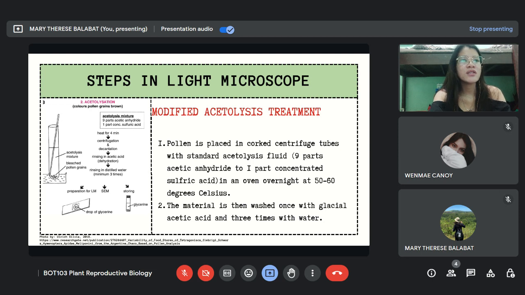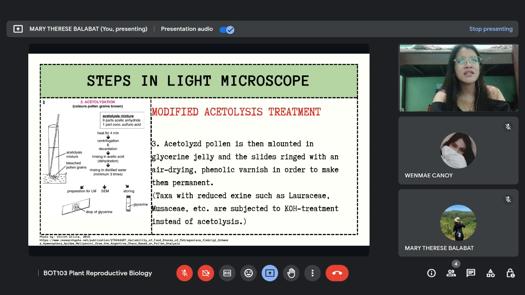And the material is then washed once with glacial acetic acid and 3 times with water. So, number 3, the acetylized pollen is then mounted in glycerin jelly and slides ringed with an air-drying phenolic varnish in order to make them permanent.